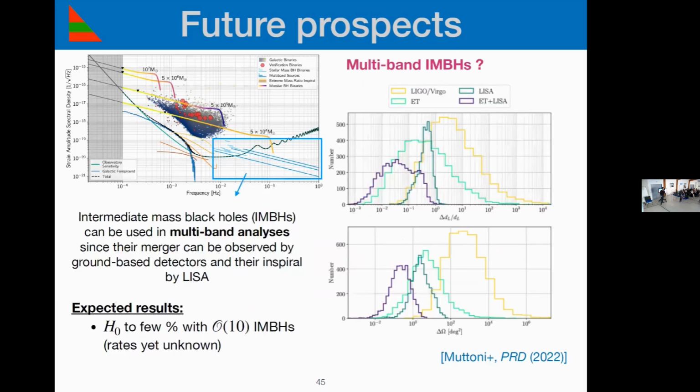However, if there is a population of more massive black holes, say intermediate mass black holes, hundreds of solar masses, between 100 and 1,000 solar masses, these will be perfect multi-band binaries, assuming you can see them with ET, or they merge in ET, let's say. And with this, you can really do cosmology. Right? With just order 10 multi-band sources, you will be able to get H naught at 2%, as we show in this paper a few years ago.